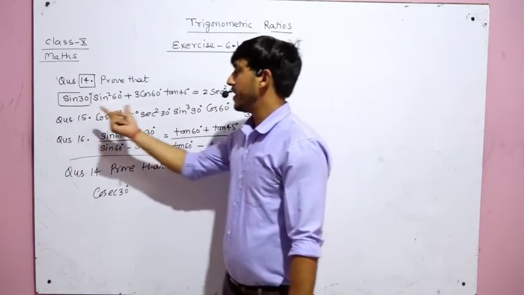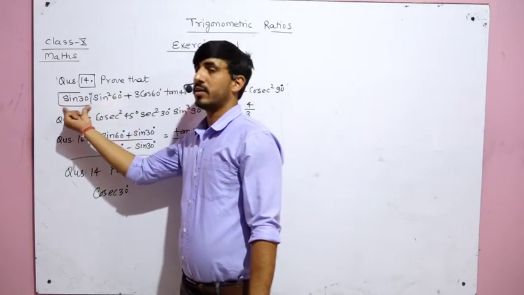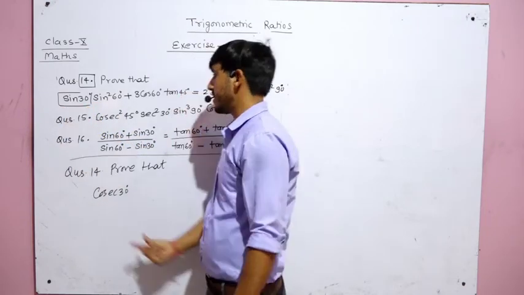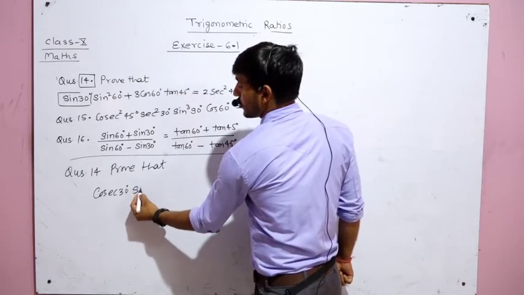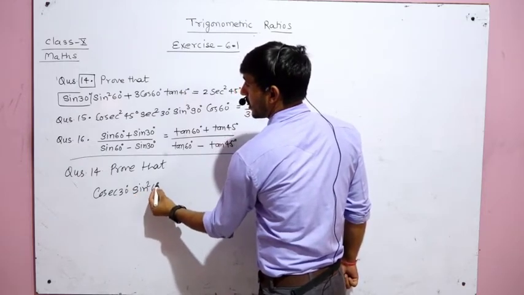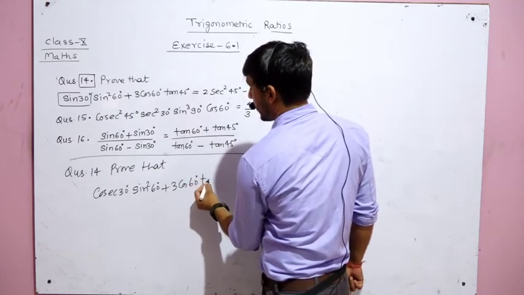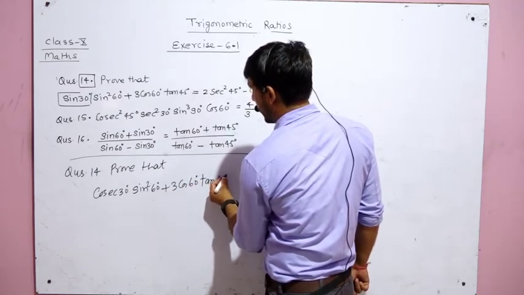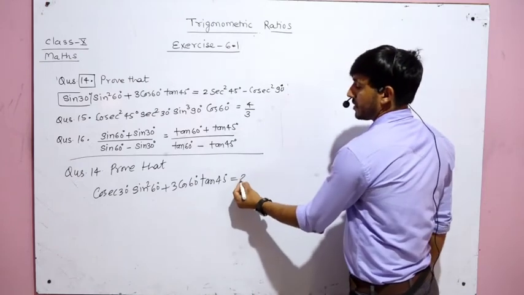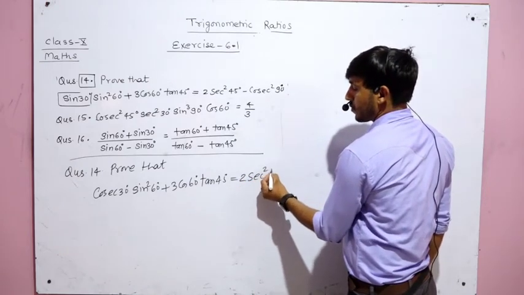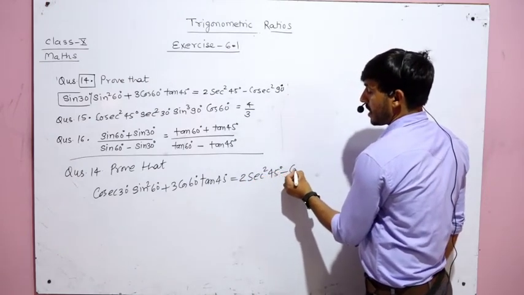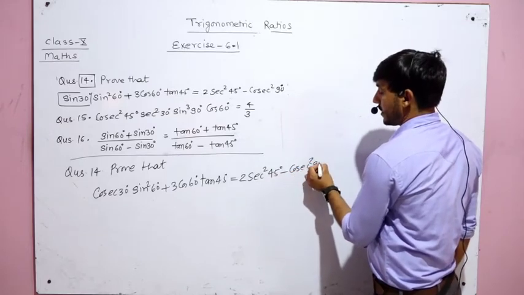So: cosec 30 into sin square 60 degree plus 3 cos 60 degree, multiplied by tan 45 degree, is equal to 2 sec square 45 degree minus cosec square 90 degree.